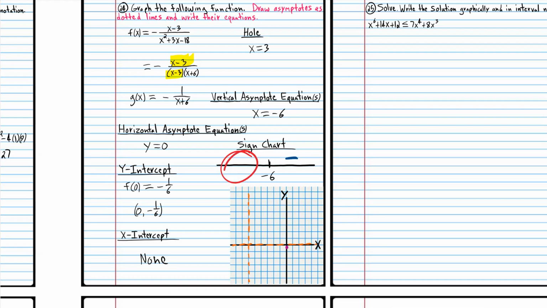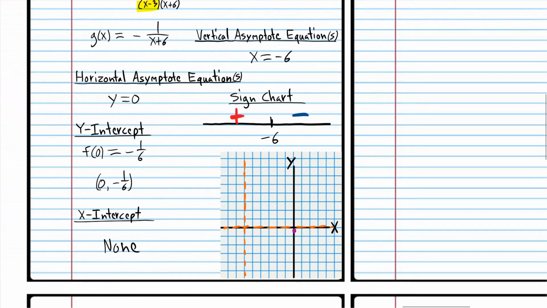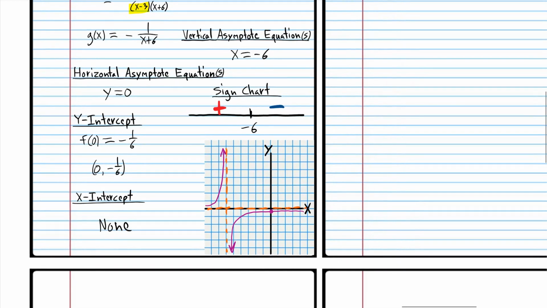Plug in a number over here. Let's try plugging in maybe -10, and it's kind of hard to plug it in up here, but we don't have to. We can actually plug it in down there. So plug in -10 and we get a positive number. Okay, so what that means is the graph of the function is above the x-axis to the left of that asymptote, but it's below the x-axis to the right of that asymptote.